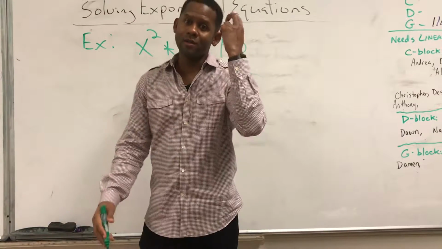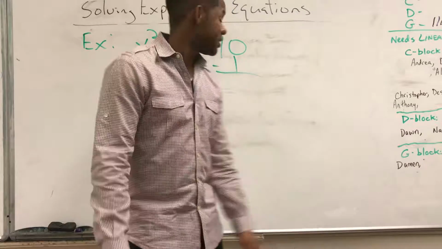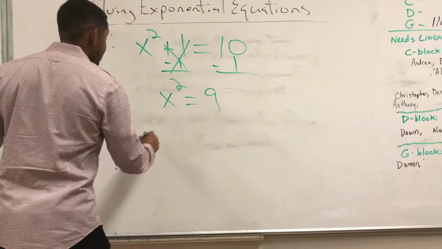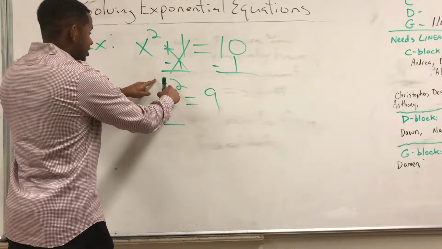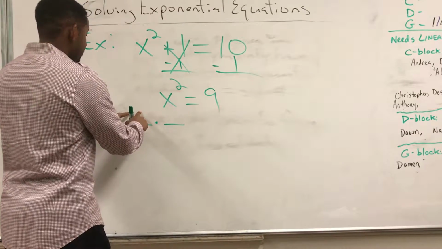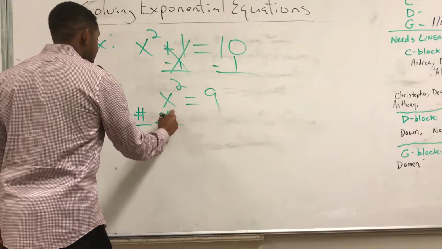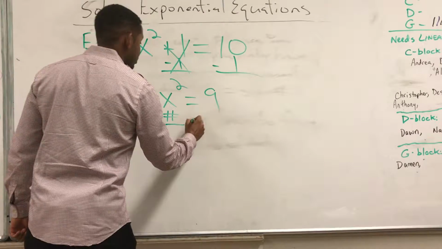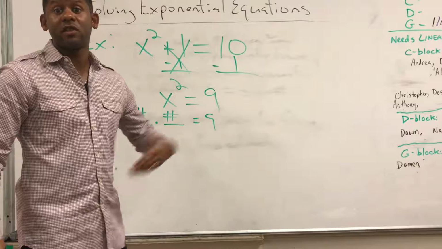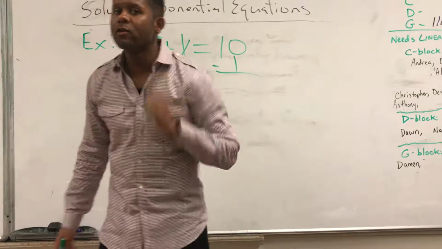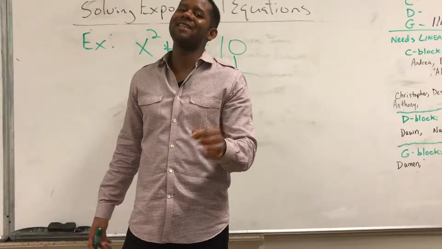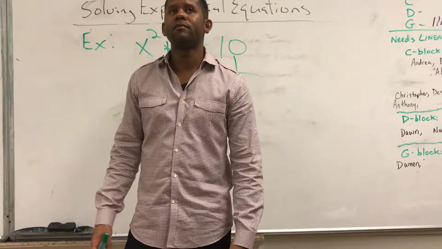Now I'm on step 2, thinking part. This means something times itself because it's x squared. So a number times a number equals 9, but it has to be the same number. What number is that? I know you know it's 3, but let's just pretend that you didn't. What would you do?